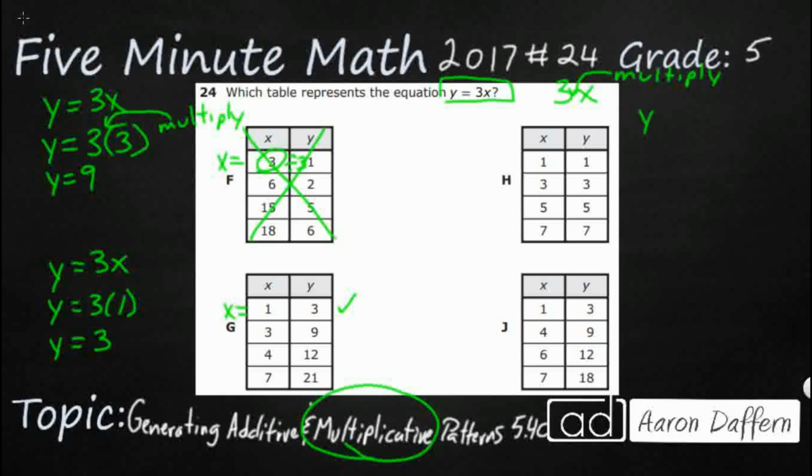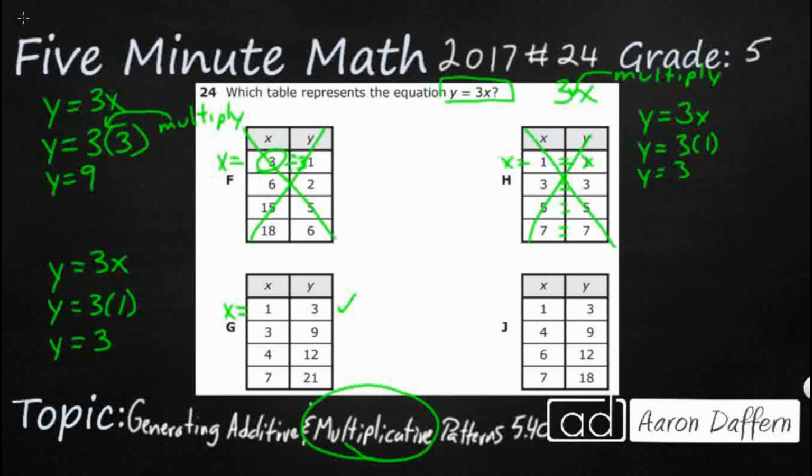Y equals 3x. We're going to let x equal 1 right there, so y equals 3 times 1, and y equals 3. No, definitely not. They didn't even do anything. They just multiplied x by 1 is really what they did. They kept everything the same.